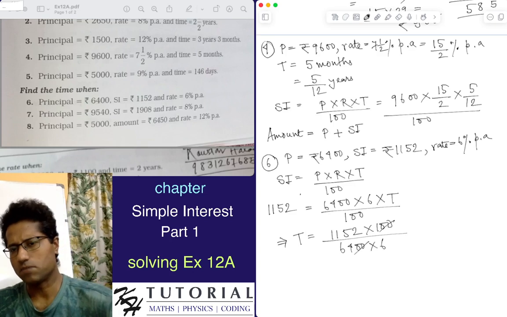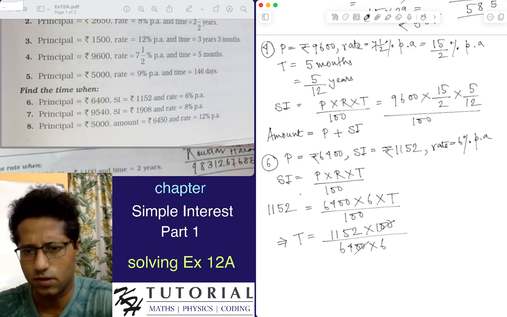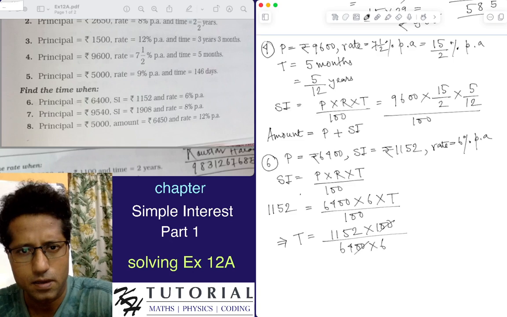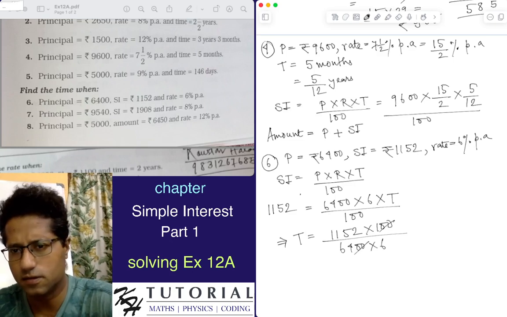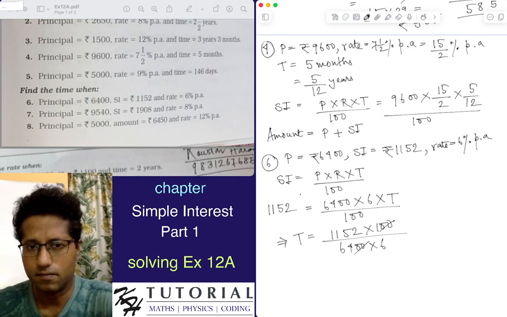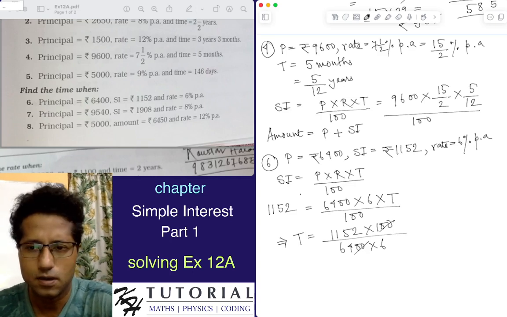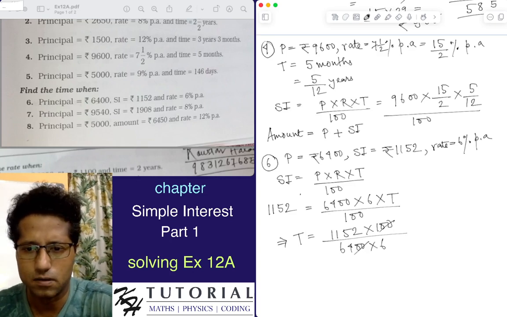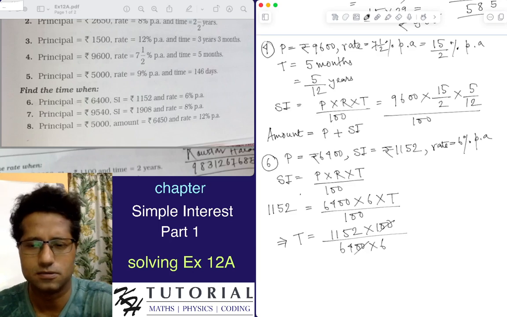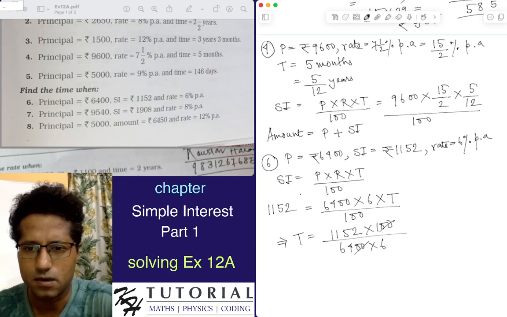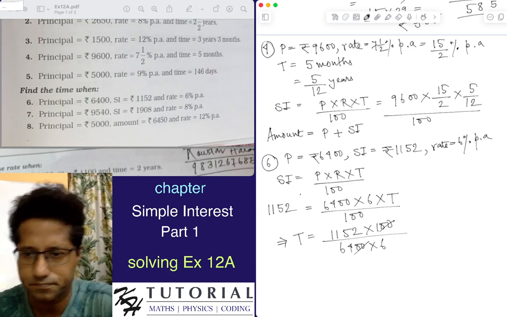Please make sure that you find T in years. Now if the value of years is an integer, then it's fine, but if it comes out to be an improper fraction, then possibly you have to express the time as years plus some months or even days.